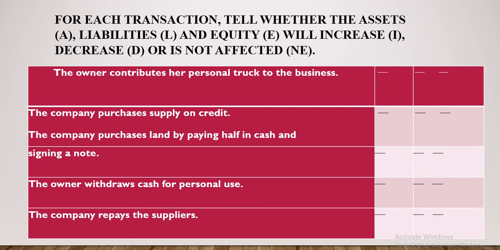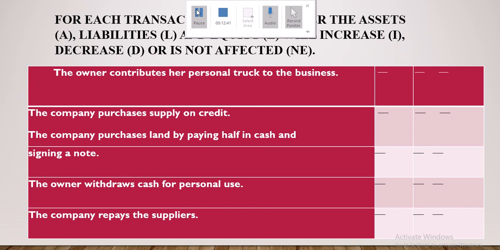Okay, for each transaction, tell whether the assets, liabilities, and owner's equity will increase, decrease, or is not affected. The first one is the owner contributes her personal truck to the business.